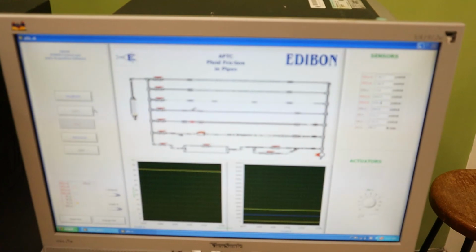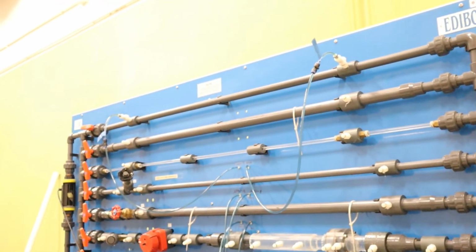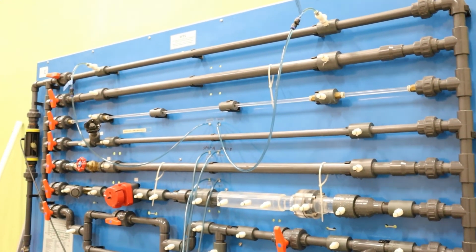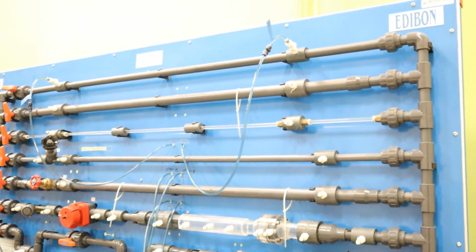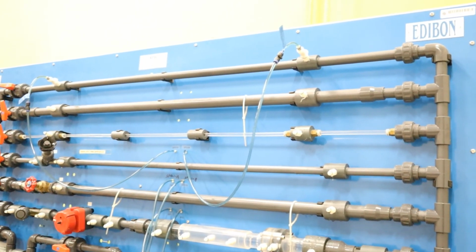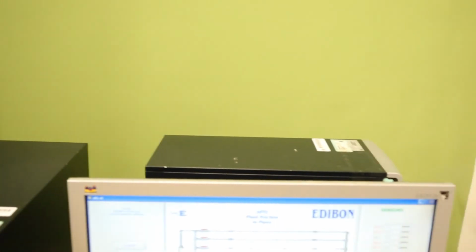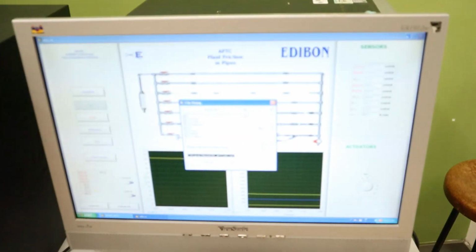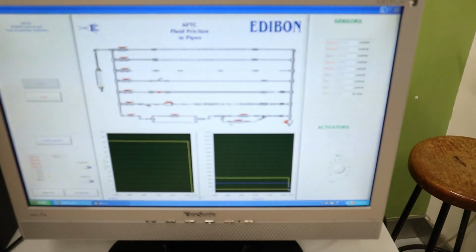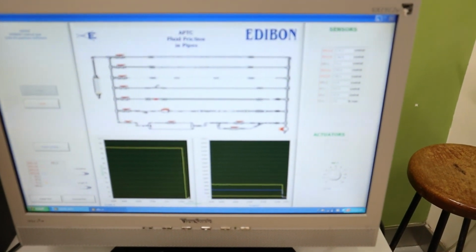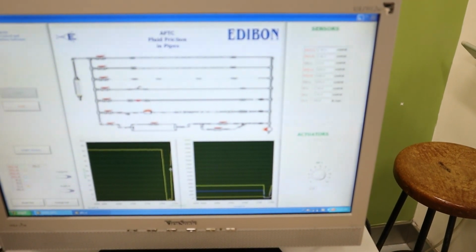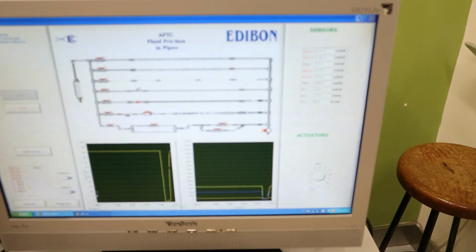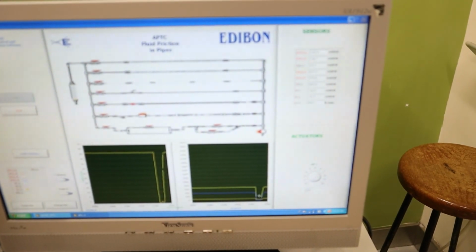So to start the test rig, we first open a valve, that is the valve on the first pipe, and connect the pressure transducer on the left and right hand side shown in this video. And we can start the test rig. And we can see from these two figures, this is the variation of flow rate and the pressure signal.